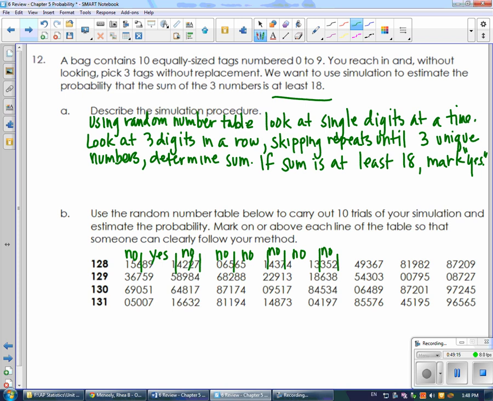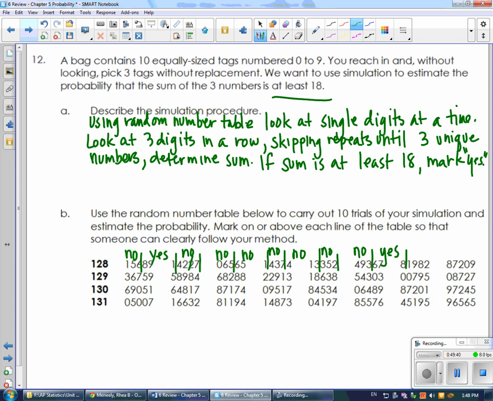Let's see, how many trials do I have? 1, 2, 3, 4, 5, 6, 7, 8. I need to do 2 more trials. My next trial, 4, 9, 3, those are all unique. When I add them together, I get 16. That is still not at least 18, so I'm going to write a no. And then in my last trial, I have 6, 7, and 8. And so that is going to be more than 18, so I'm going to write a yes.